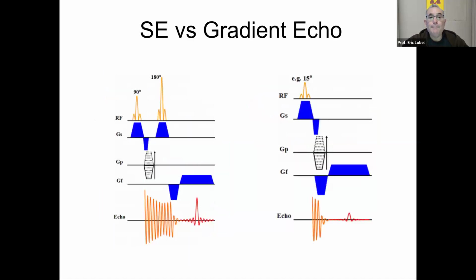So if we go back up, right, here's our 180. Notice there's no 180 over here, right? So one of these gradients is going to do double duty, right? And by the way, they're super duper fast, right?